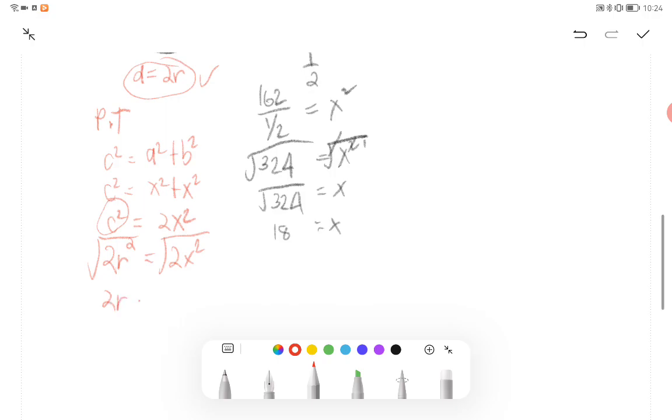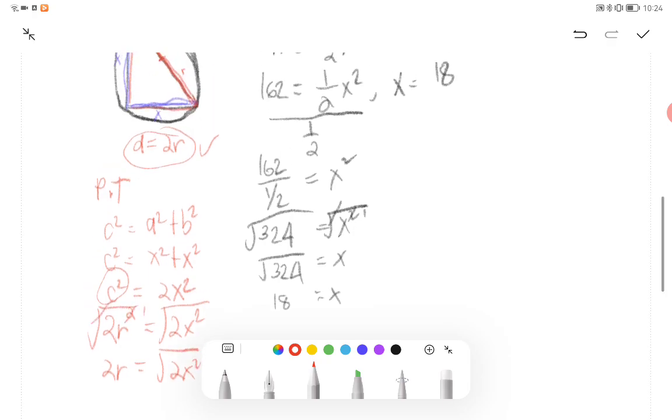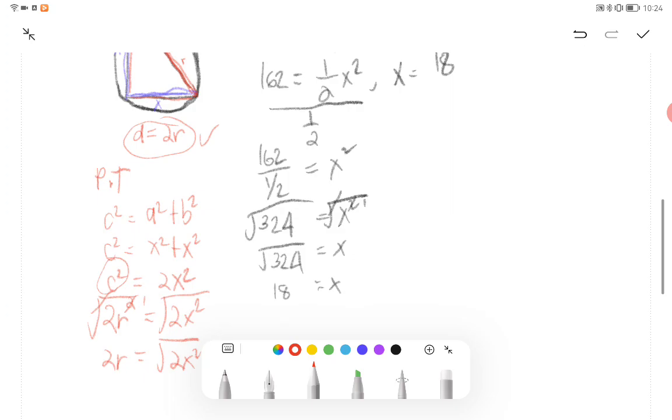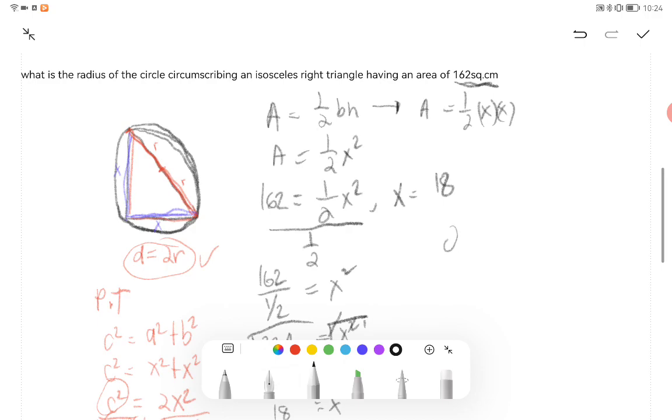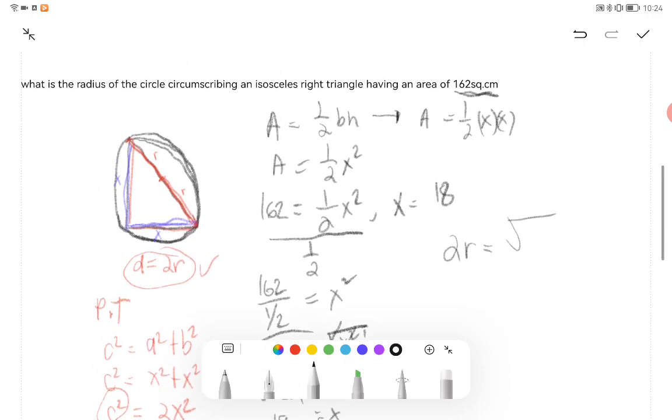So we will have 2r is equivalent to the square root of 2x squared. Okay? So let's use that. Our formula here is 2r is equivalent to the square root of 2x squared.